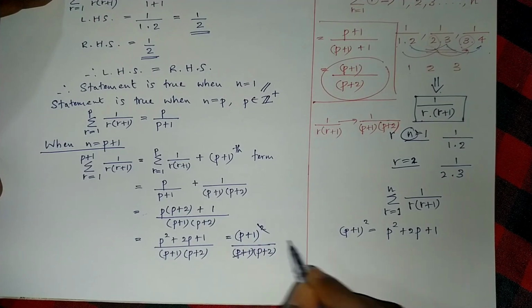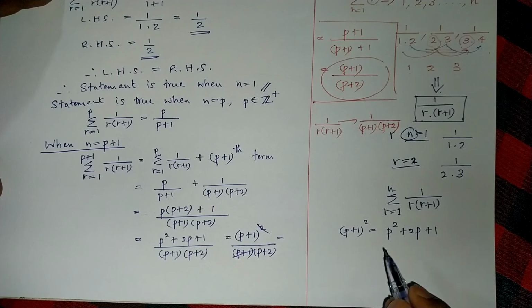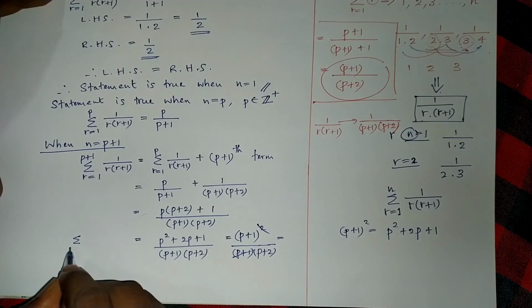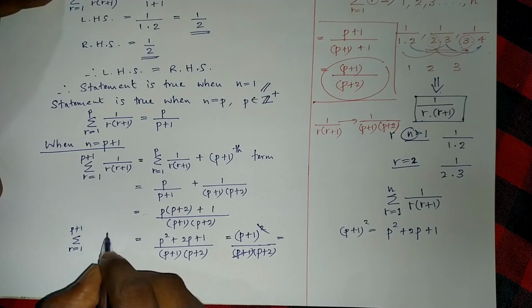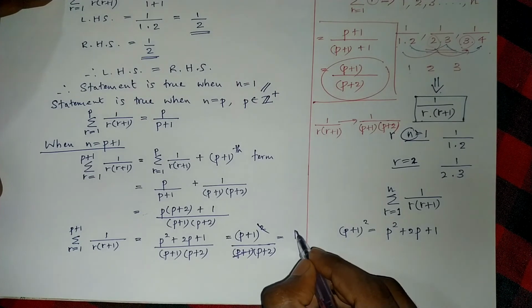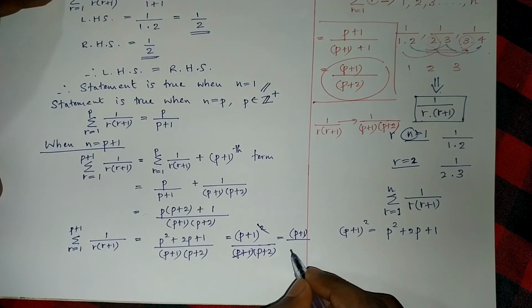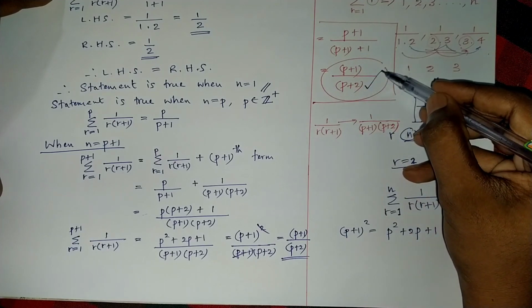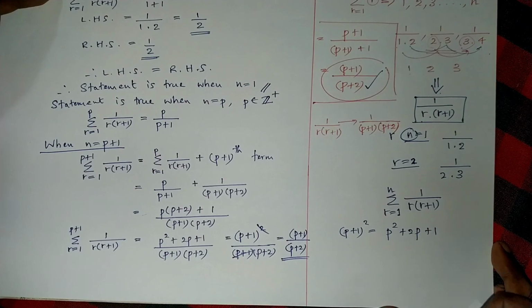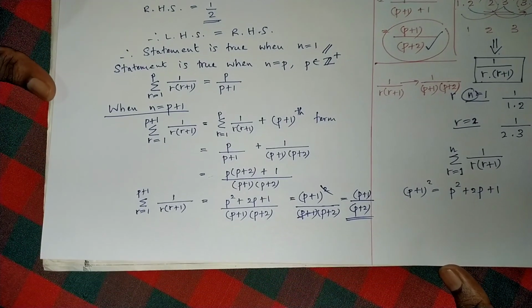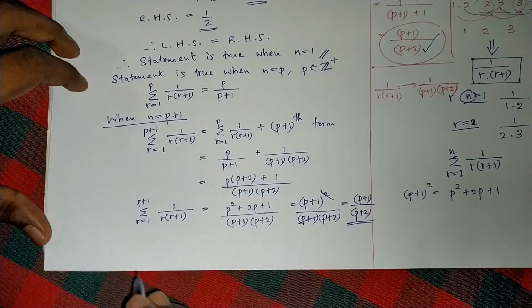I can cancel one factor of p plus 1. Then the answer when sigma r equals 1 to p plus 1 of 1 over r into r plus 1 is p plus 1 over p plus 2. So this is the correct result we want. Now we can finish this question by writing the final statement.